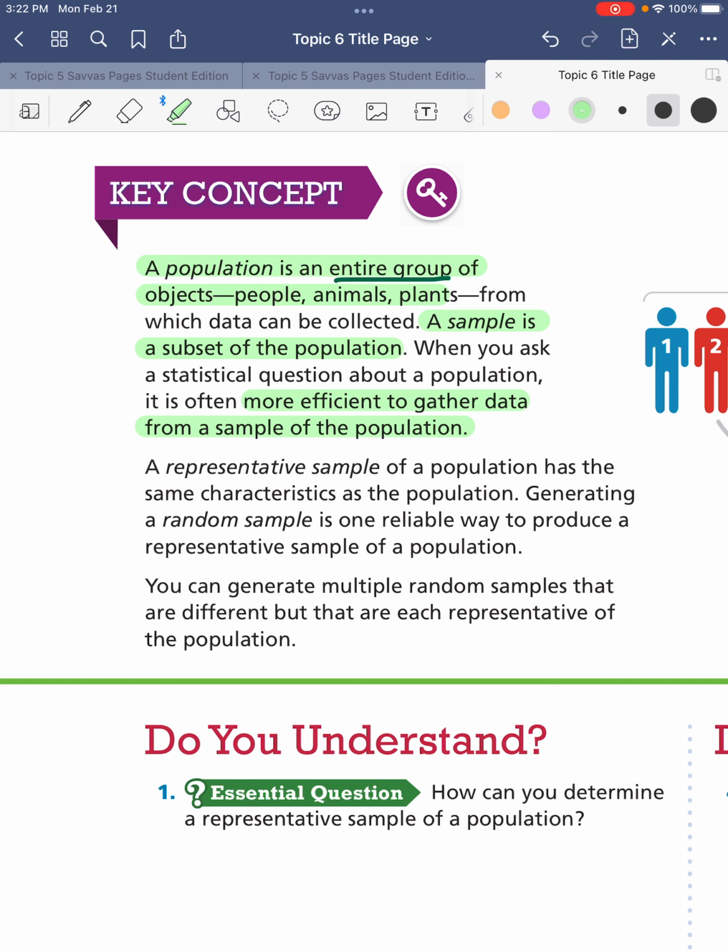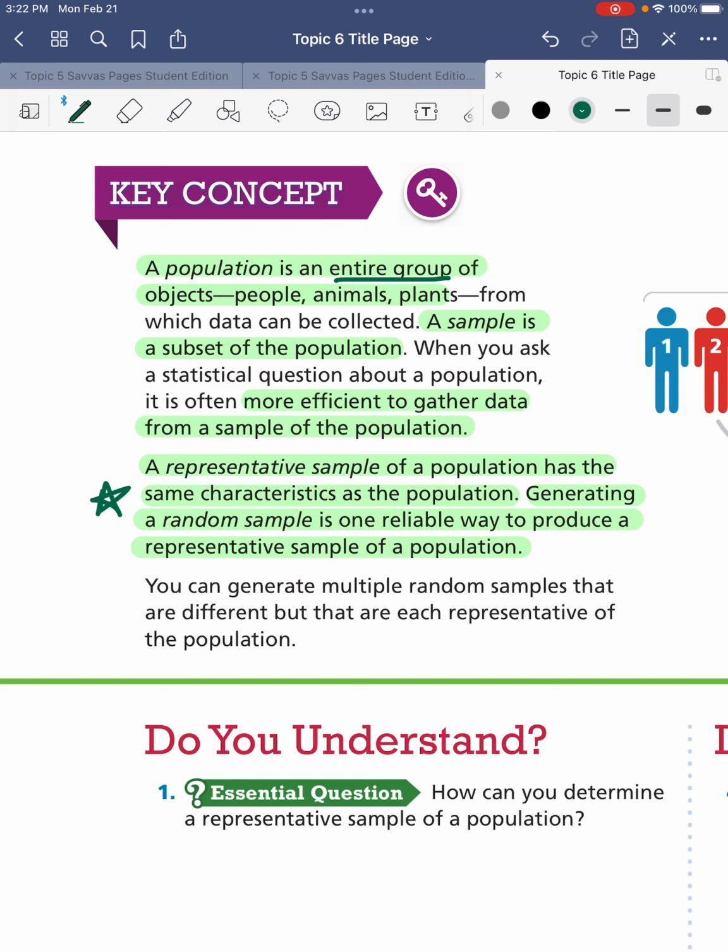Now, a representative sample of a population has the same characteristics as the whole population. Generating a random sample is one reliable way to produce a representative sample of a population. That right there is really, really important, so I'm going to put a star next to that. You can generate multiple random samples that are different, but that are each representative of the population.